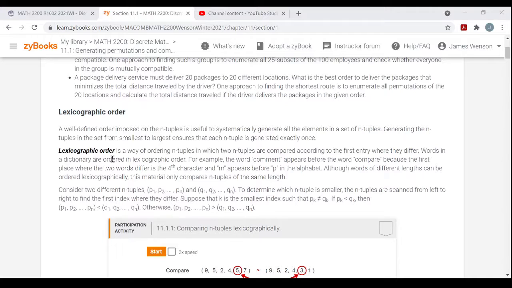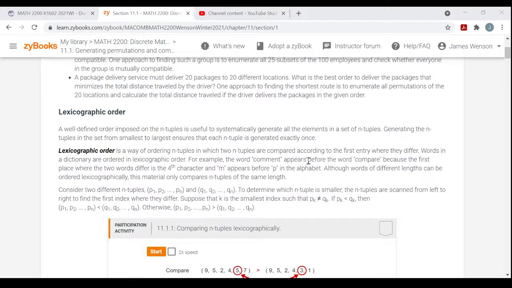Lexicographic order is a way of ordering n-tuples in which two n-tuples are compared according to the first entry where they differ. Words in a dictionary are ordered in lexicographic order. For example, the word comment appears before the word compare because the first place where the two words differ is the fourth character, and M appears before P in the alphabet.